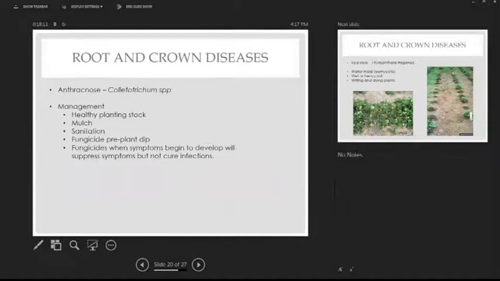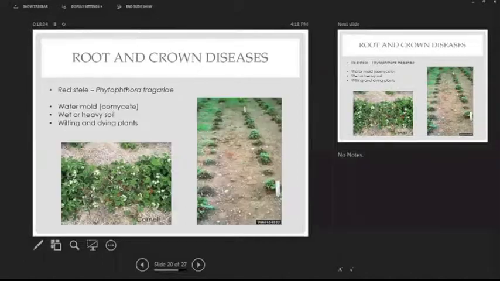We always recommend pre-plant dips for commercial growers. And then fungicides, if you start seeing a few symptoms, we can use fungicides not to cure, but to suppress disease. And sometimes that'll buy us just enough time to get a harvest out. So if you start seeing disease, then we will recommend a fungicide regime for drenching.